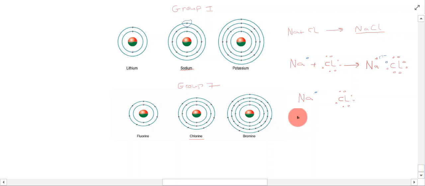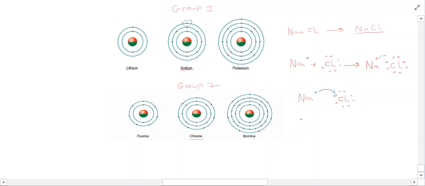Chlorine is going to exert a much stronger pull. The nucleus of chlorine is going to have a much stronger pull than the nucleus of sodium, because there are more protons within it, and as a result, it's going to pull this electron off.